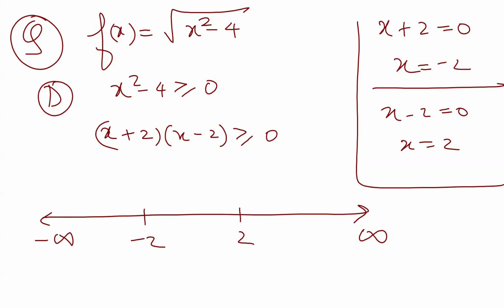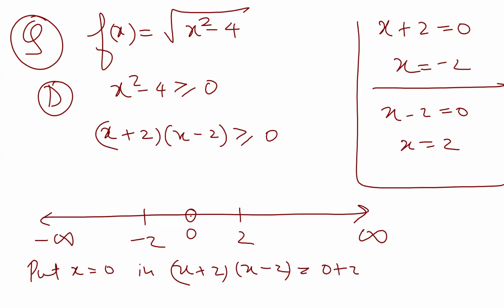Take any one point in a specific region. There are three regions, so take any one point in a region. Let's go for a simple point, that is 0. Put x equal to 0 in x plus 2 into x minus 2.